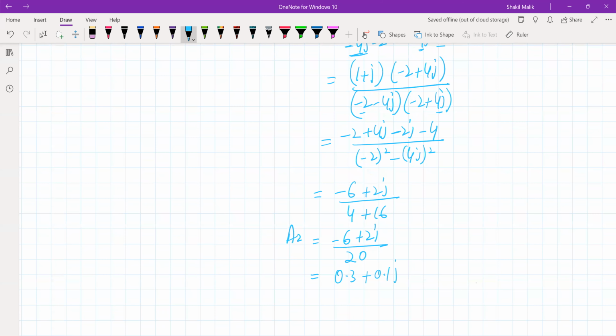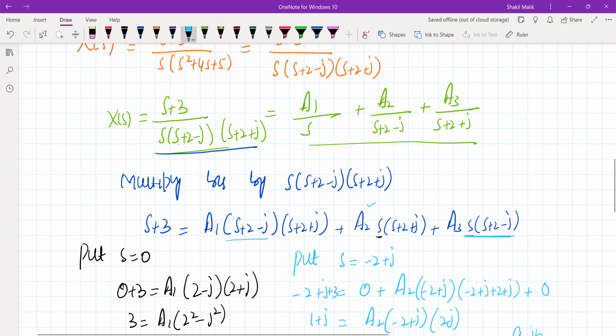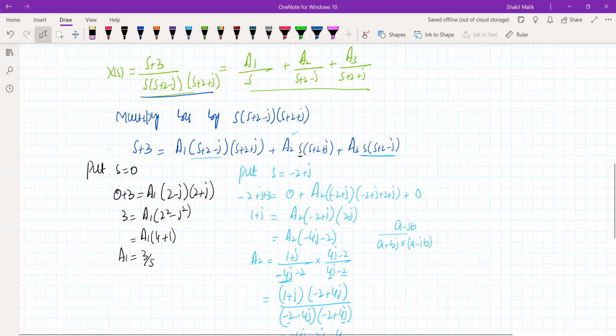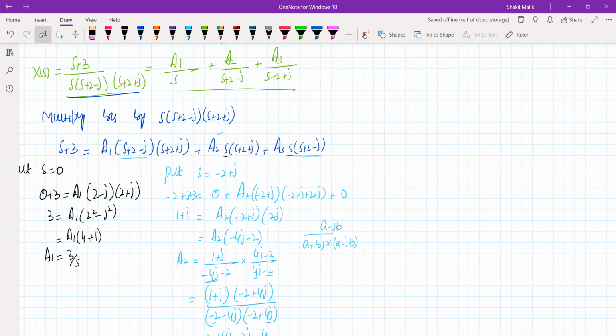Now we have found a2. Finally, we need to find a3. So to find a3, what we'll do? To find a3, we'll put s equal to minus 2 minus j. When we put s equal to minus 2 minus j, this term will be 0 and this term will be 0.